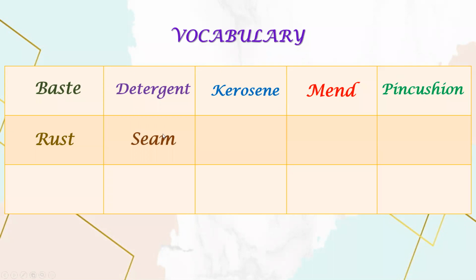Seam. Another word we have is seam. A seam is a line where two things join, especially a line of sewing. So where two things, or two sides of a fabric, join, that is what we call a seam.